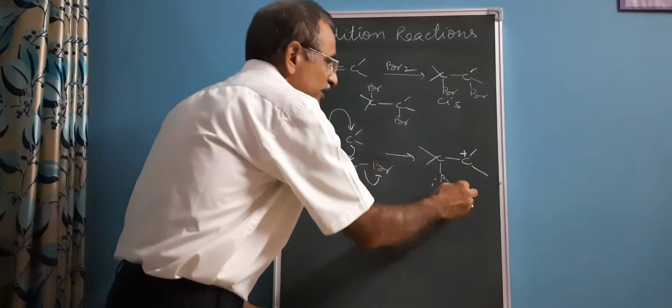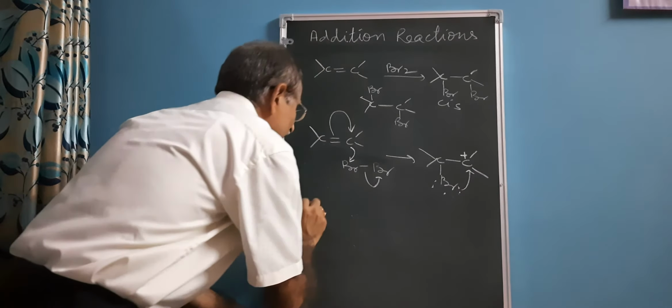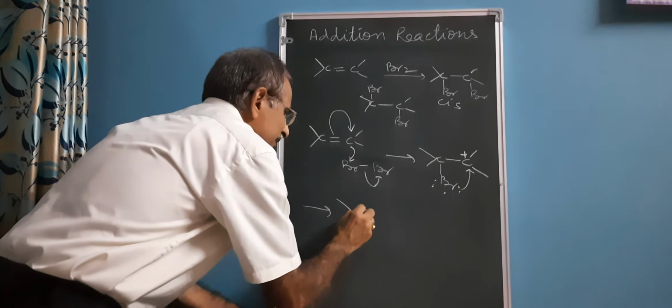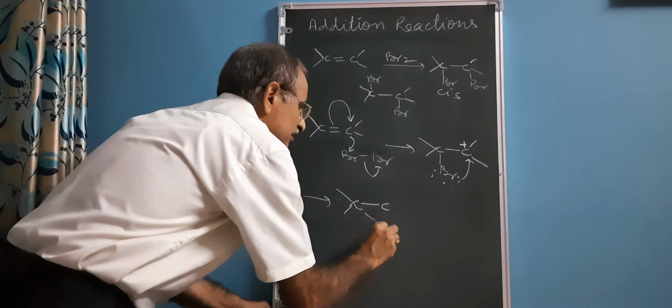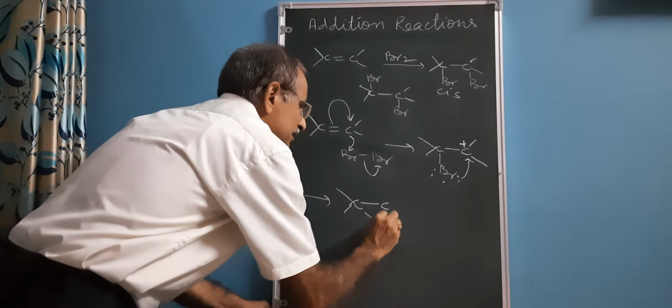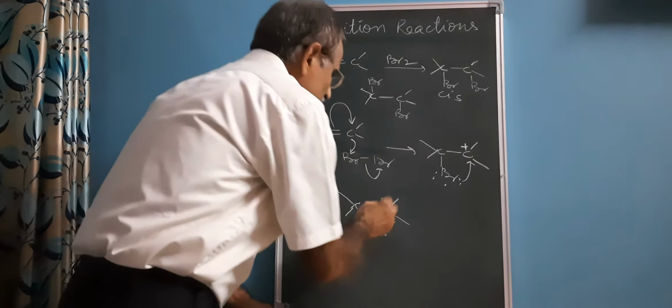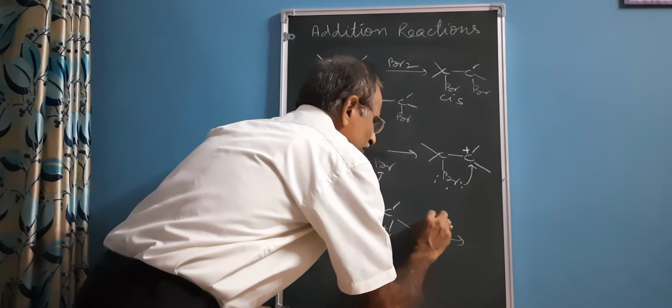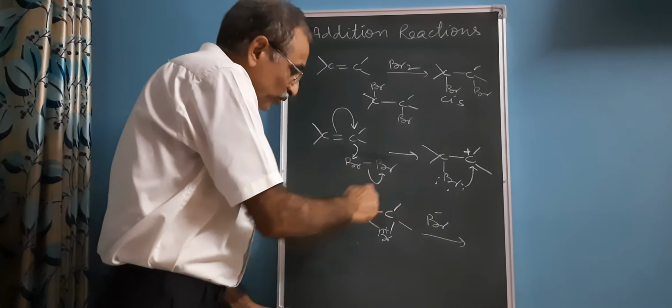Once this positive charge is formed, because of the pair of electrons, it forms the bromonium ion intermediate. Here we have the Br plus bromonium ion intermediate, and once it is formed, the next Br minus, which is left here, approaches.